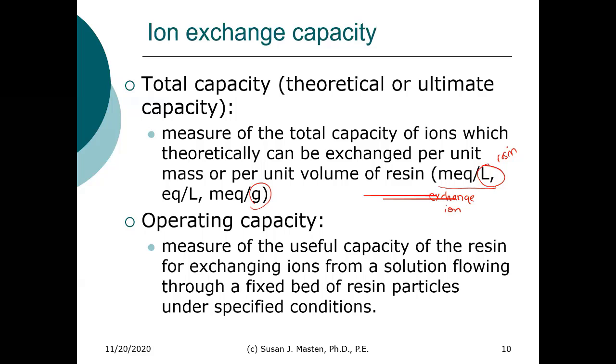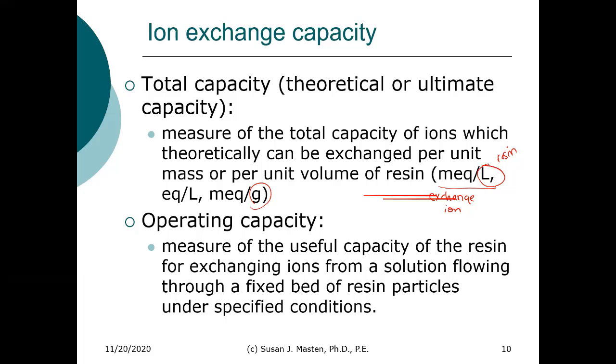The operating capacity, you can think of that as the useful capacity or the actual capacity, and that is what we can actually achieve. So in theory, maybe we could, let's say, remove 1,000 milliequivalents per liter. But when we actually operate the system, we only find that we can remove 600.